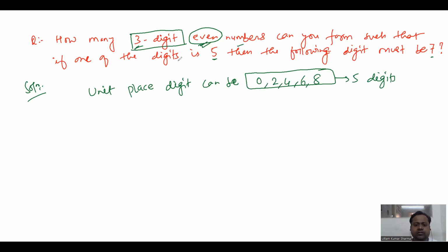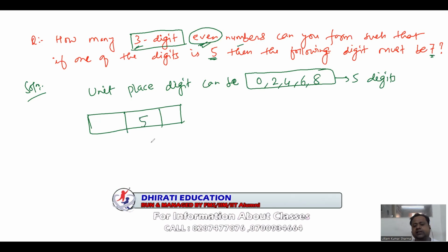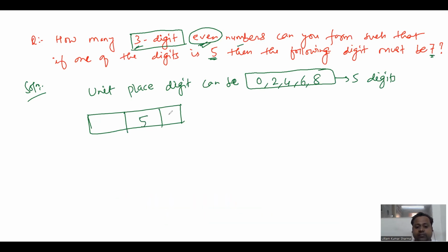The condition says if one digit is 5, the following digit has to be 7. If I'm talking about a three-digit number, and if in the tens place I'm taking 5, the unit place has to be 7, which is not possible because I need an even three-digit number.